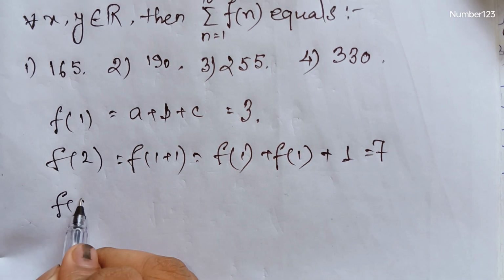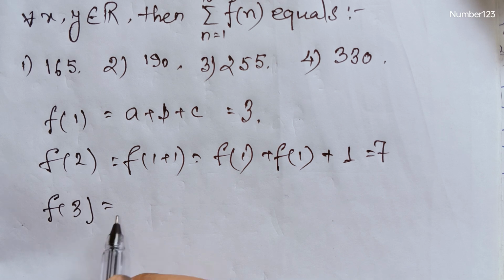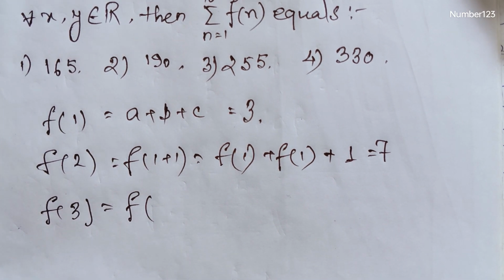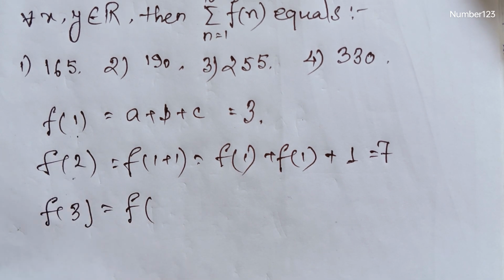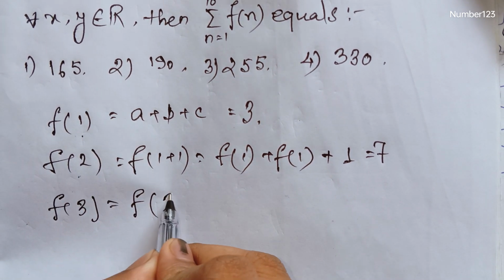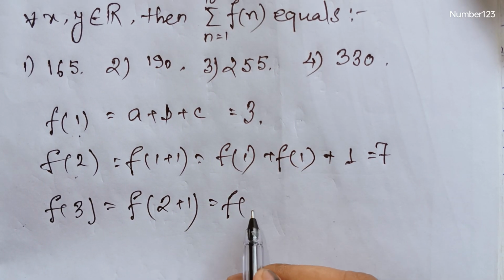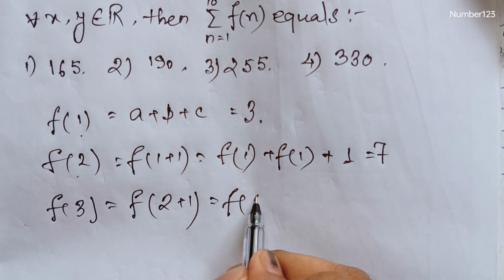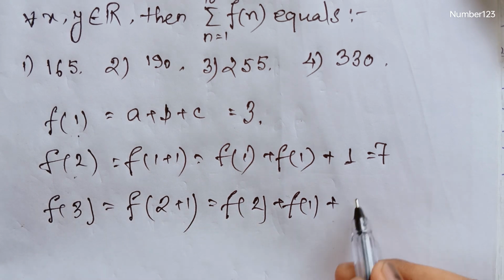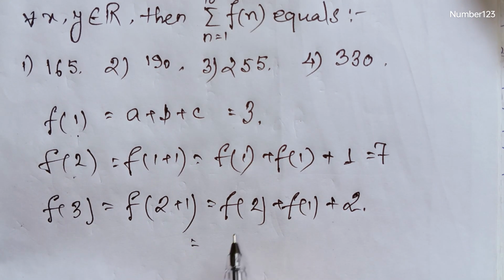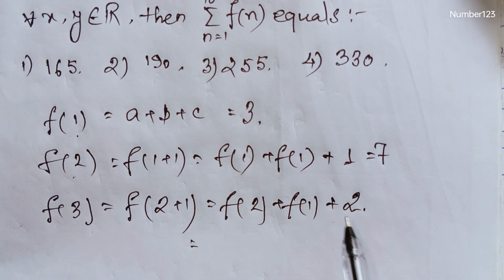Next we find the value of f(3). f(3) we can write as f(2 + 1). Since the values of f(2) and f(1) are given, using this function we can write f(2) + f(1) + xy, meaning 2 into 1 equal to 2. So f(2) equal to 7, f(1) equal to 3, 7 + 3 equal to 10, 10 + 2 equal to 12.